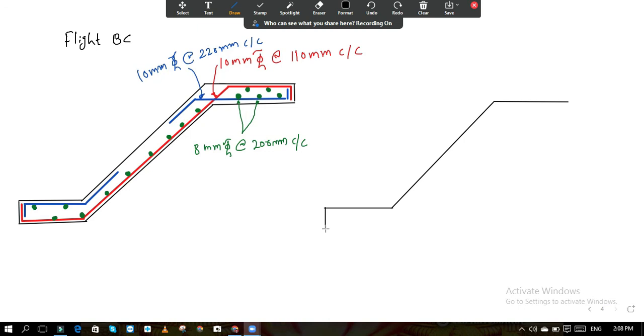A similar diagram we are going to draw. Just we are going to place the reinforcement of the respective flight as we have calculated.